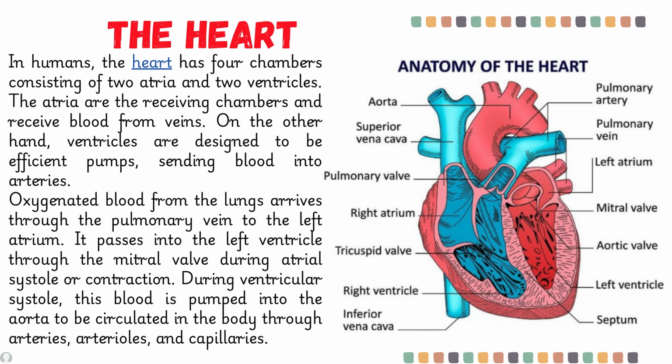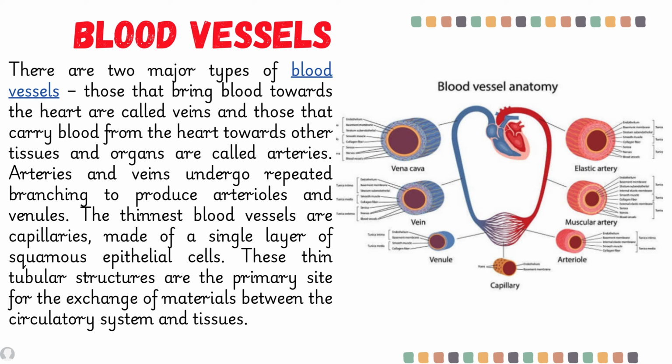and capillaries. For the blood vessels, we have two major types. Those that bring blood towards the heart are called veins, and those that carry blood from the heart toward other tissues and organs are called arteries.